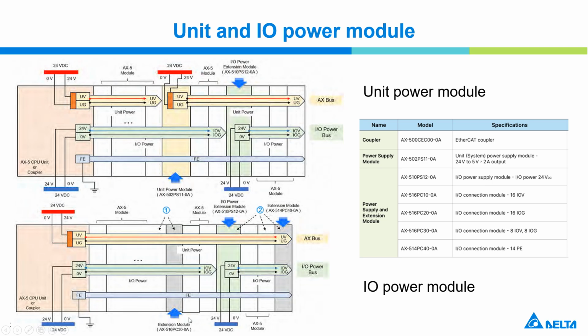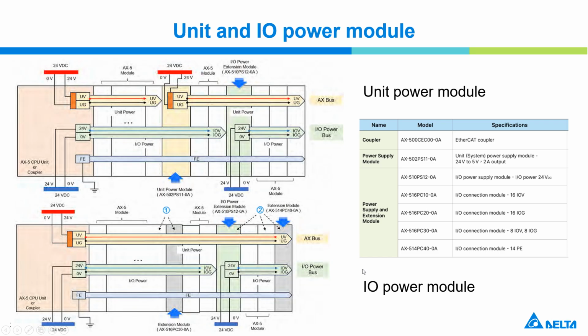If you add the module here, then for the I/O module, you can connect the grounding terminal to here. You don't need to connect the grounding or the positive voltage terminal back to the left side, because sometimes the distance between the module and the left side is long.